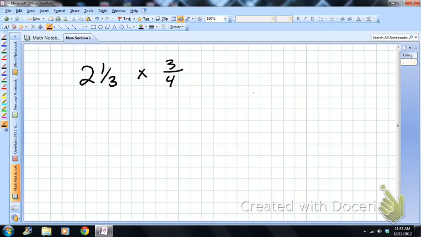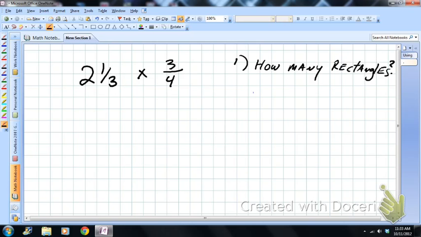The first thing I want to know is, how many rectangles do I need? And this is how we figure that out.